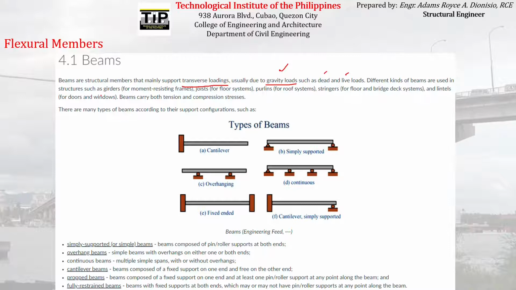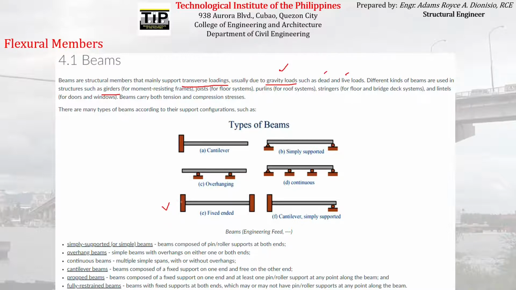You can usually see a flexural member as a girder. What is the difference between a girder and a normal beam? When we say girder, girders are usually moment resisting frames, meaning these are structural elements that resist moments. Usually when we model a girder, it will look something like this, a fixed-ended beam.